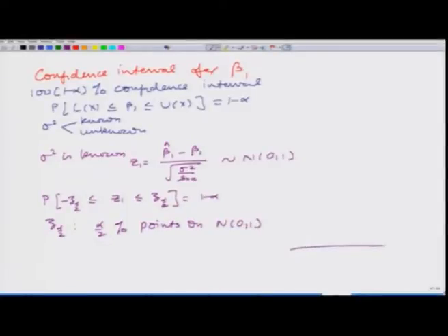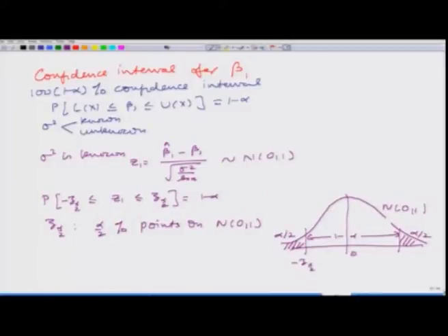If I draw the normal 0, 1 curve, with alpha by 2 probability on the left tail and alpha by 2 on the right tail, and the middle region is 1 minus alpha, then on the x axis, this is minus z alpha by 2 and this is plus z alpha by 2.